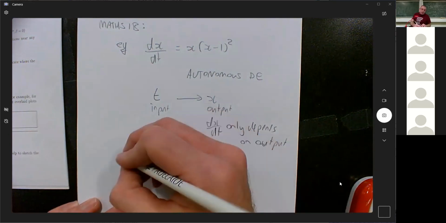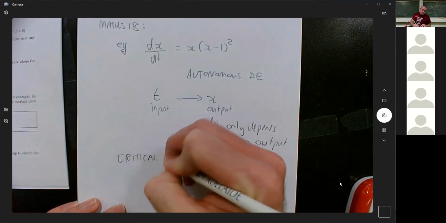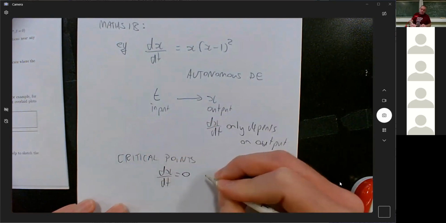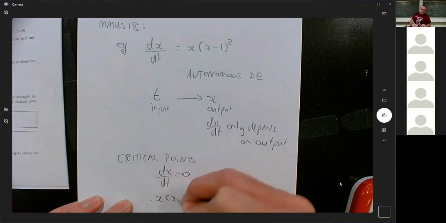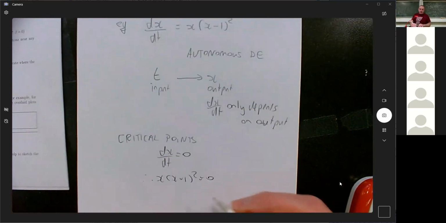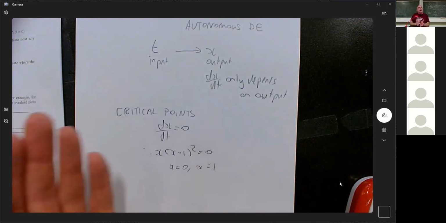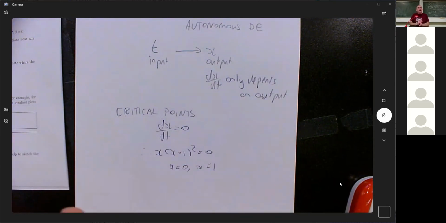And so therefore you get x minus 1 squared equals 0, and you get x equals 0 and x equals 1. So at any moment where the x coordinate is 0, regardless of what the t is at that time, that will be a critical point on the graph. So all the critical points will have these x coordinates. And when I say x, that's really the y, that's the output. The output will be 0 or 1 whenever the derivative is 0.